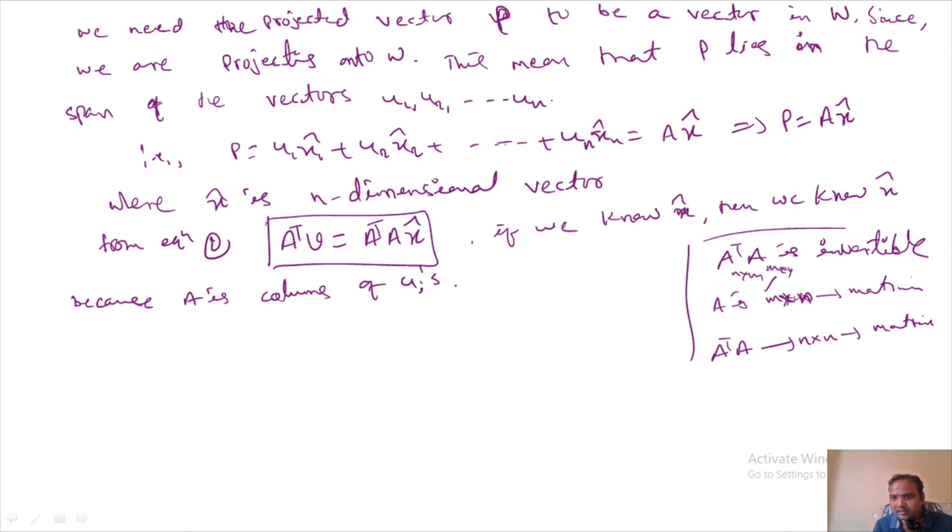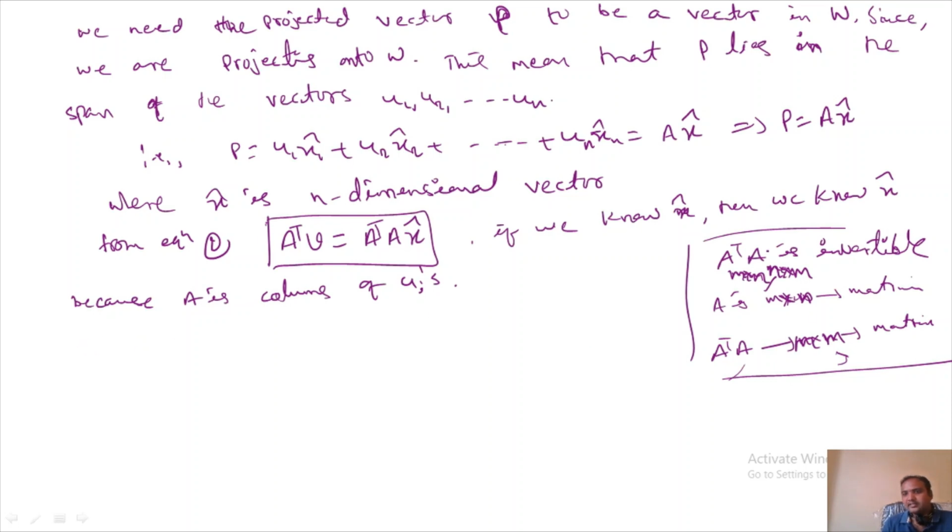A is an n by m matrix and A transpose is m by n, so A transpose A is an m by m matrix. The rank is m. A has m linearly independent column vectors, so A transpose A also has rank m. That means A transpose A is invertible.